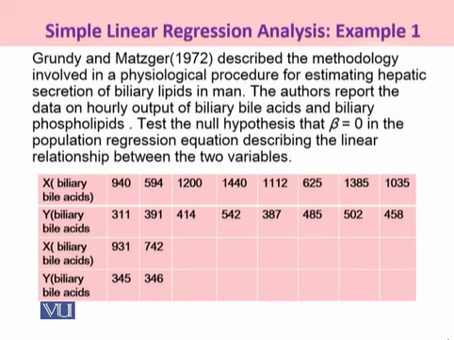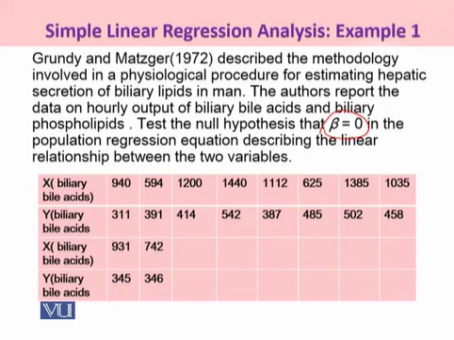We are required to test the hypothesis that beta is 0. That means the variable that you have used to predict the dependent variable doesn't play a significant role in predicting it, in the population regression equation describing the linear relationship between the two variables.